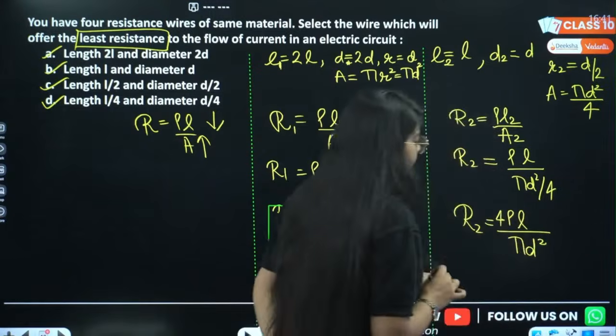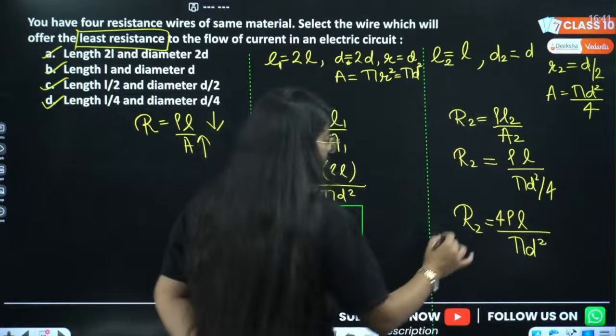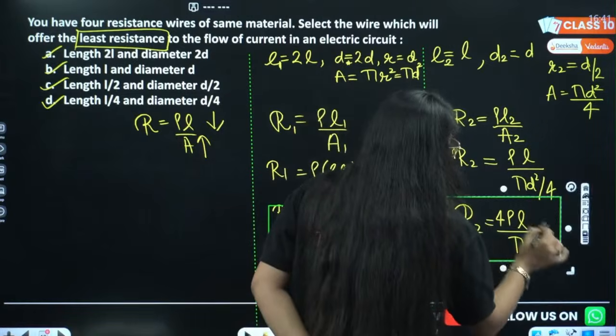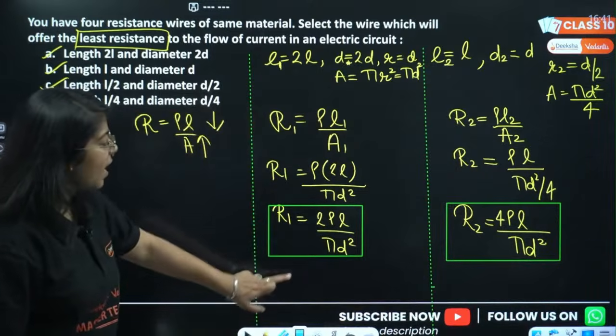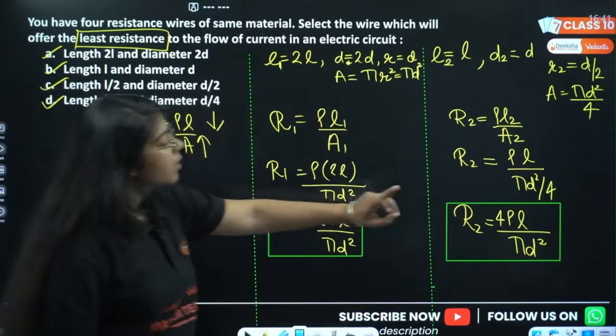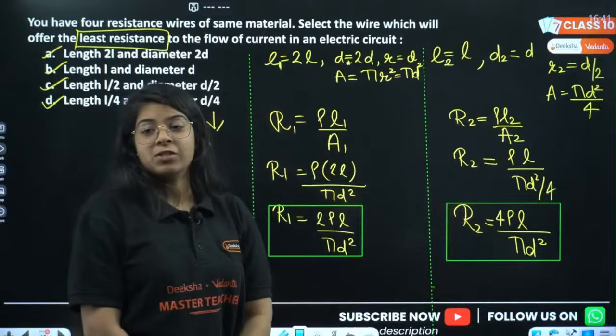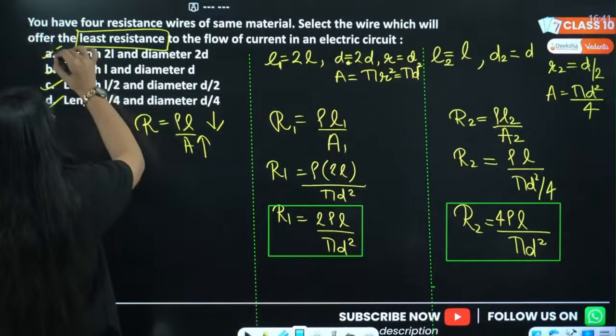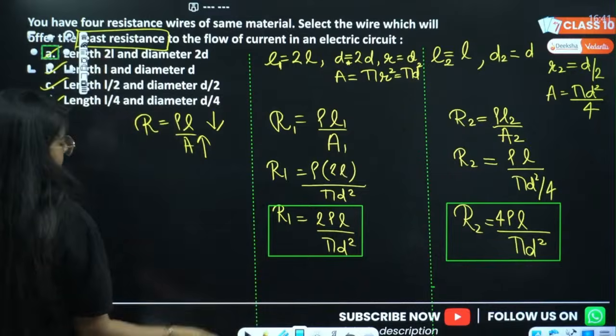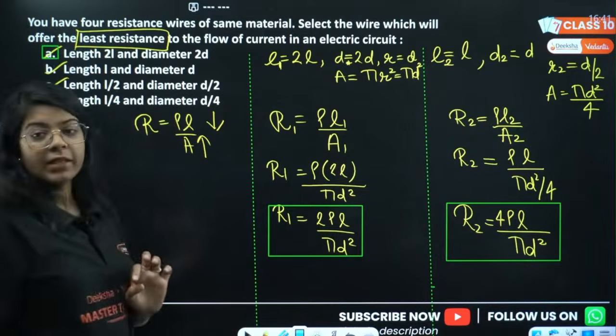Understood? This is the answer for the second resistance. We have 2 rho L by pi D square and this is 4 rho L by pi D square. So till now, from the first 2 options, R1 is correct. ठीक है?